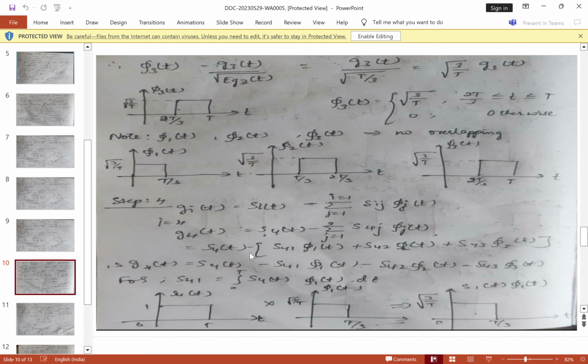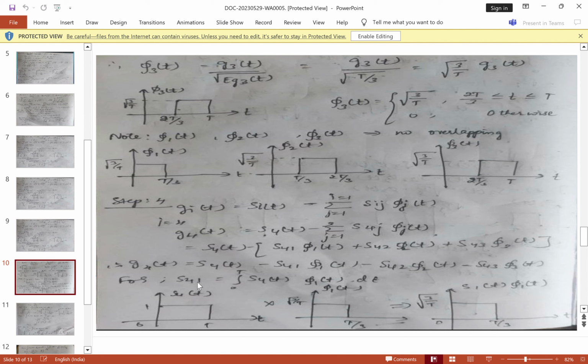That is s4 of t minus s41 psi 1 of t minus s42 psi 2 of t minus s43 psi 3 of t. We have to subtract these signals.